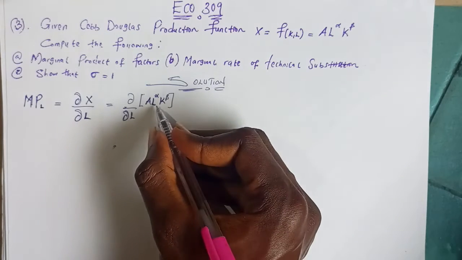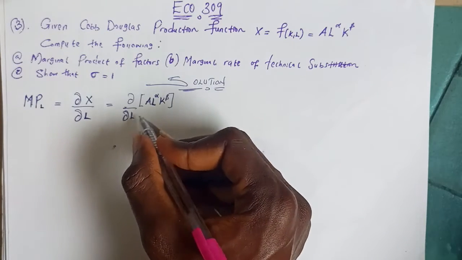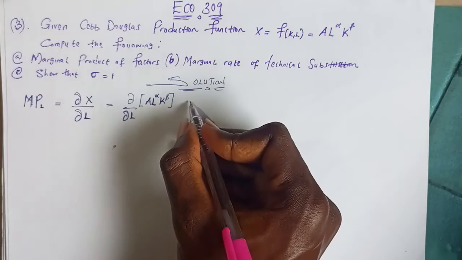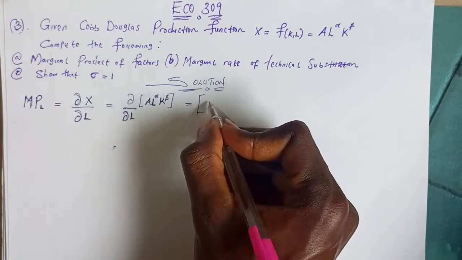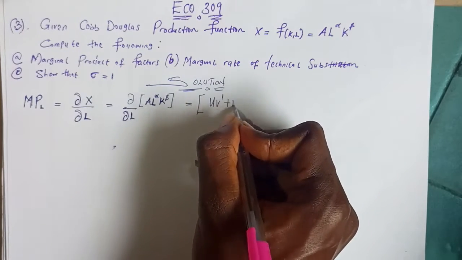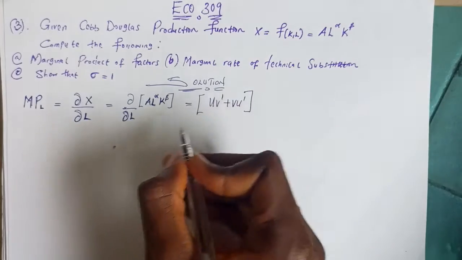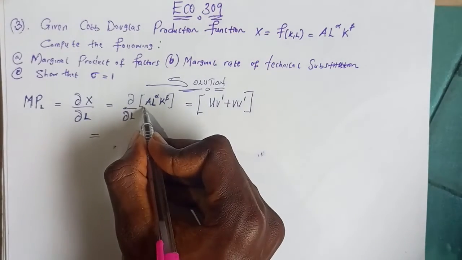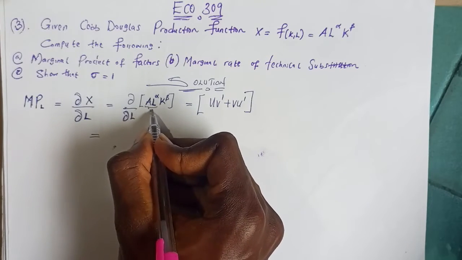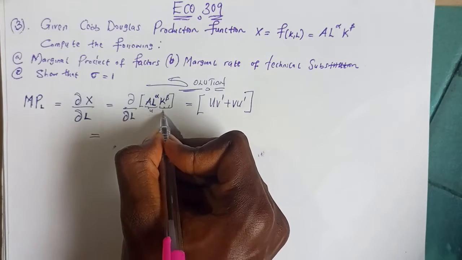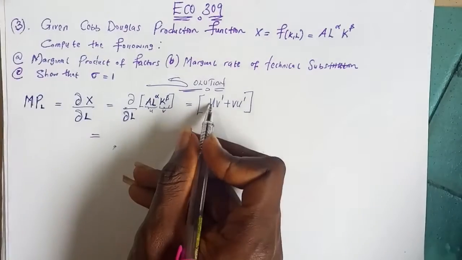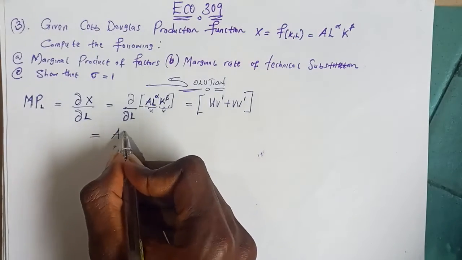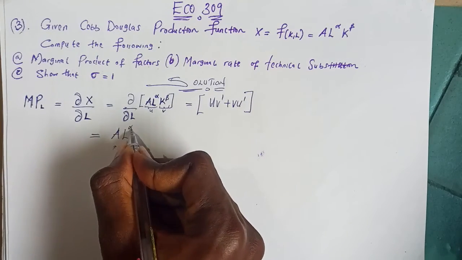When you differentiate this partially with respect to L, I'll apply the product rule formula, which is u v prime plus v u prime. We let this represent u and this represent v, such that we already have u equals A L raised to the power of alpha.